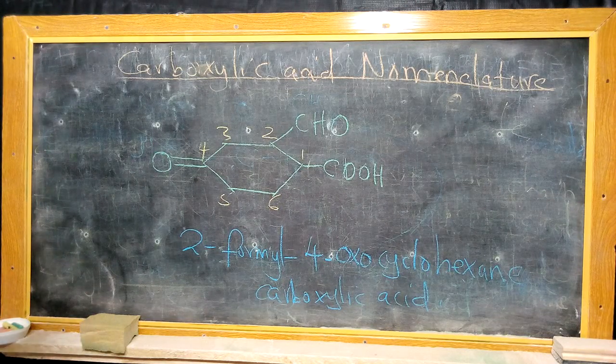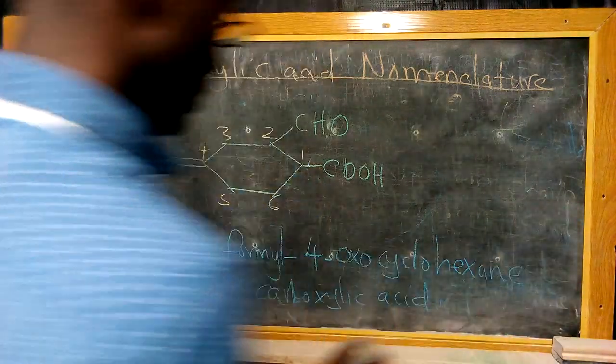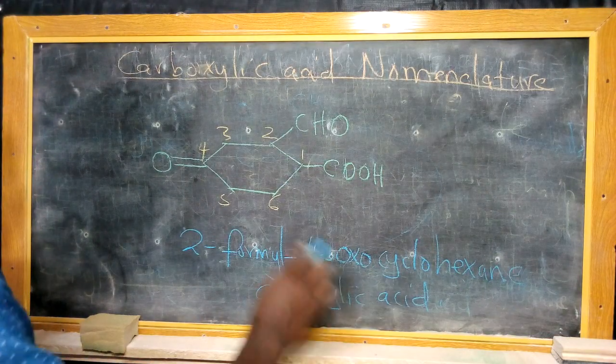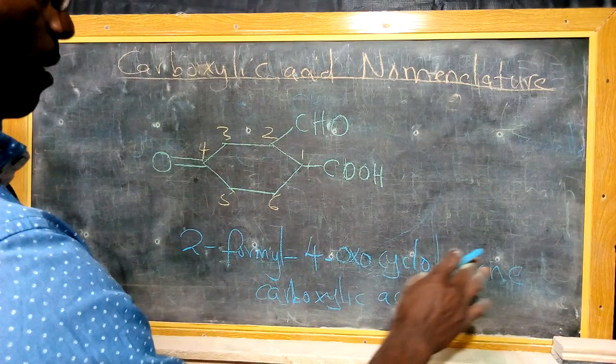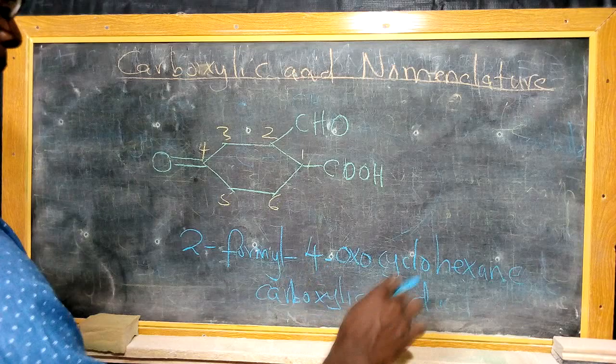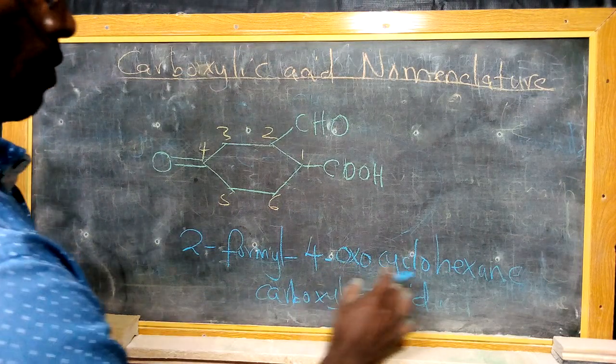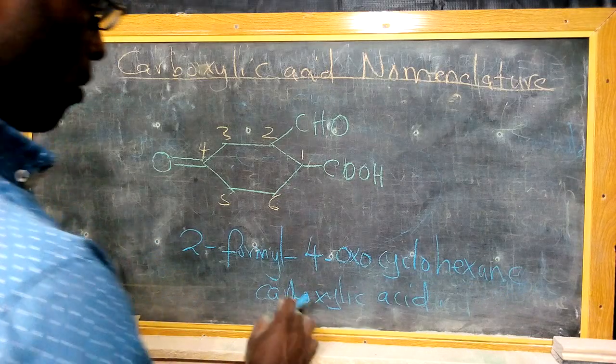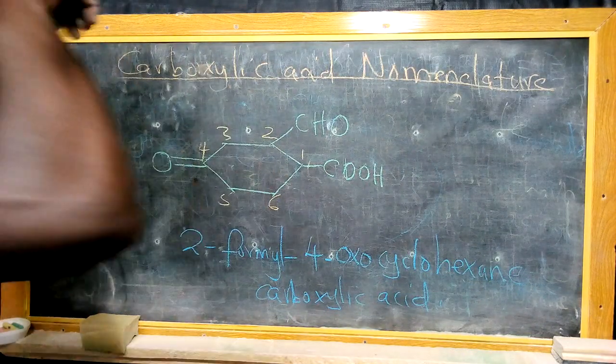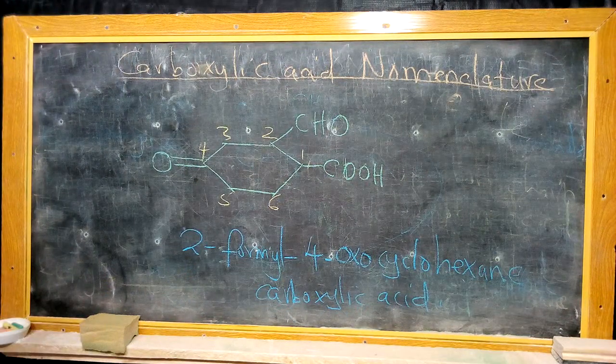I avoided using this space because it was not enough. So it is cyclohexane carboxylic acid. This is a 2-formyl 4-oxocyclohexane carboxylic acid. It's a single name. This is a compound name, so let it not confuse us. So this is the nature in which it's named.